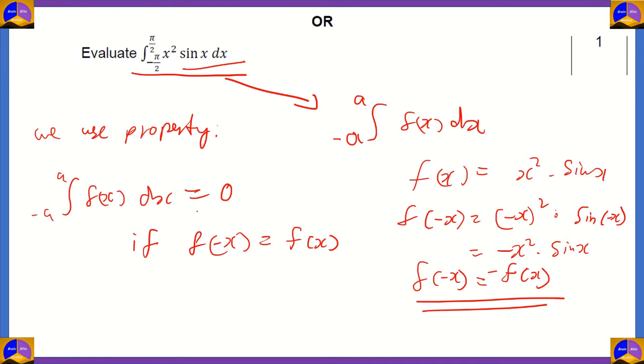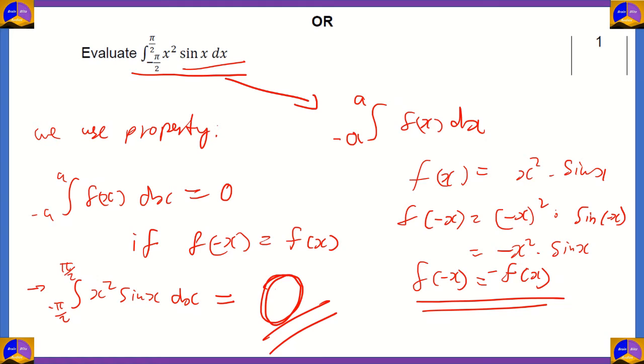So if we use this property, then the integral from minus pi by 2 to pi by 2 of x squared sine x dx is equal to another big fat 0. So 0 is the answer to this integral because of the property that we just used.